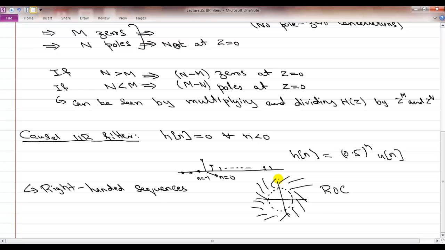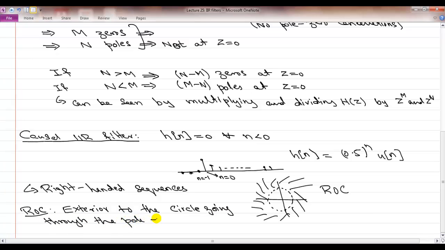Now where does this circle stand? Actually, the ROC is exterior to the circle going through the pole furthest from the origin.